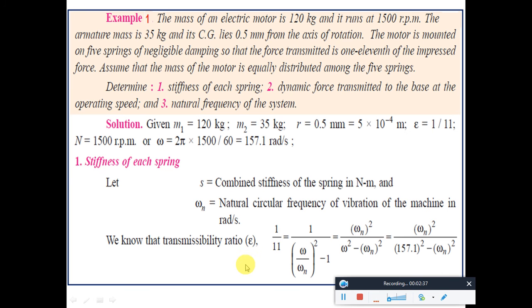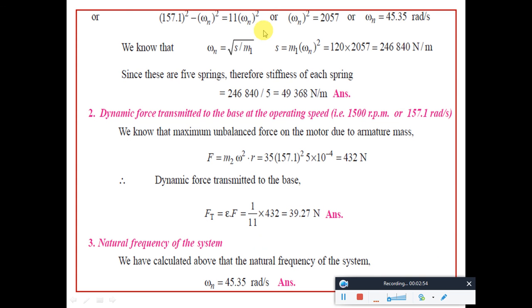Here let us consider the second one, so we have found what omega is, that is 157.1 whole square. So cross multiplying and taking LCM, the only unknown thing here is omega n square. So just cross multiply it. What happens? 11 omega n square is equal to 157.1 whole square minus the remaining term. From which we can calculate omega n, that is 45.35 radian per second.